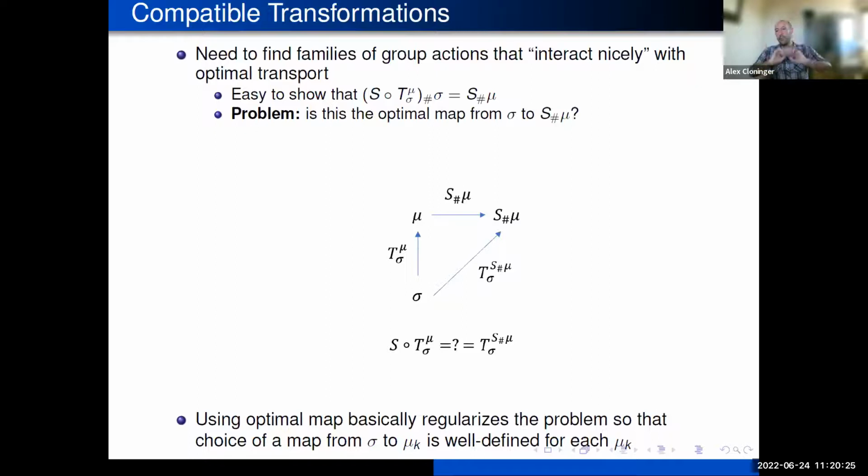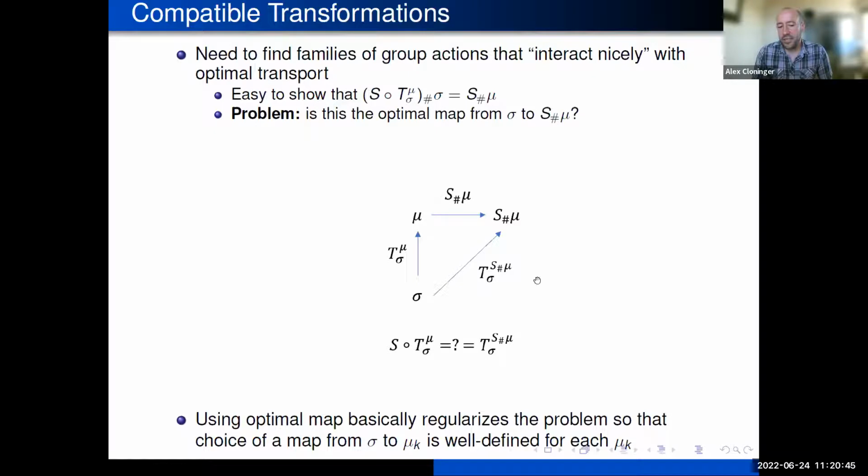So I need one piece of formality before we can get into the results. That piece of formality is what I'm going to call a compatible transformation. Okay. So what I'm going to look for are a bunch of group actions I can do to distributions that will interact nicely with optimal transport.